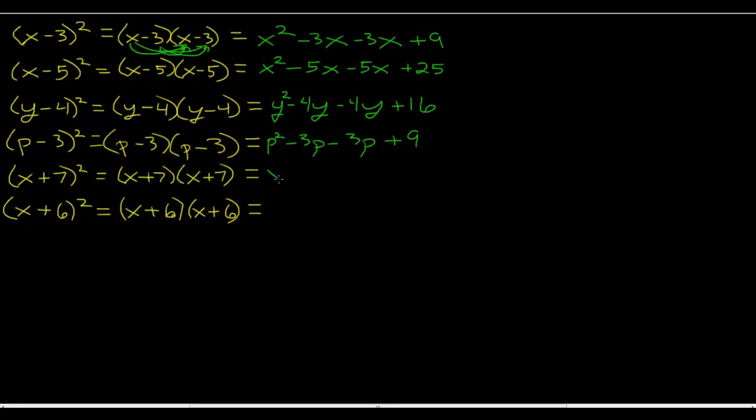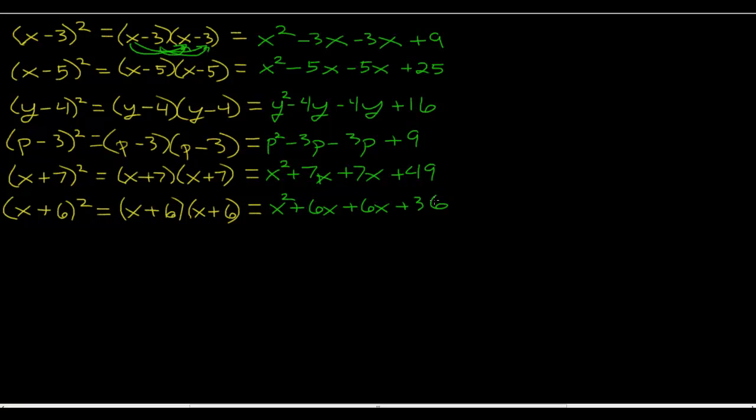Alright, you should have gotten x squared plus 7x plus 7x, and now last times last you still get a positive. In this case 7 times 7 is 49. And this one, 6x, 6x, and 36.